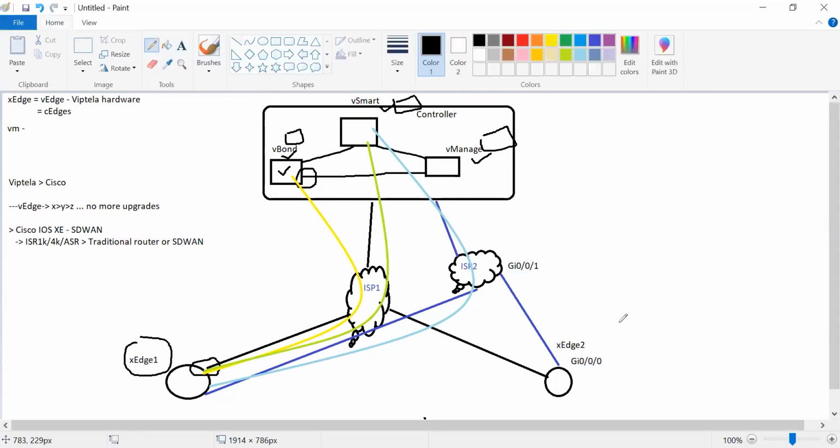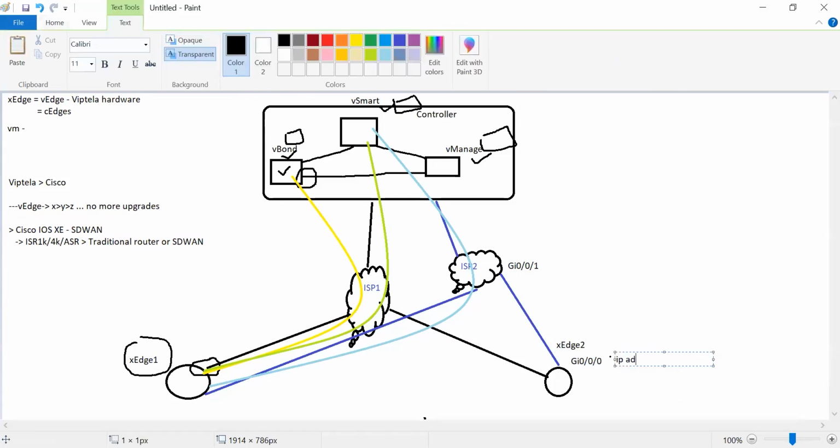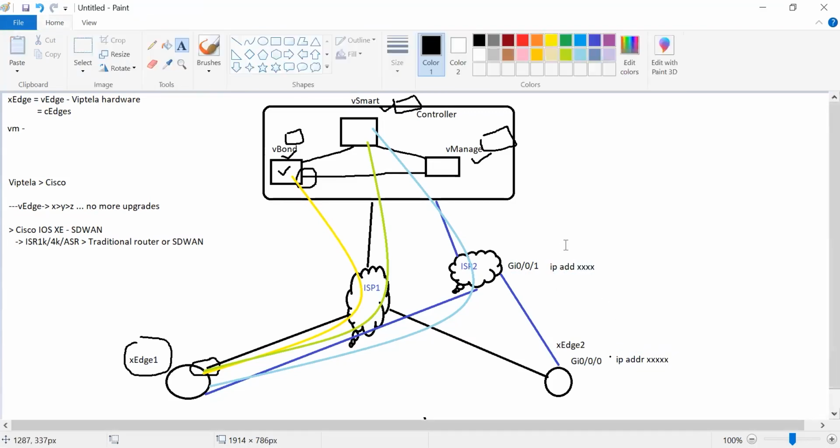We will configure IP addresses on these interfaces, just like traditional networking. As we talked about the overlay tunnel in legacy networking, in SD-WAN we are not configuring a tunnel source or tunnel destination. It automatically recognizes the tunnel source and the destination.